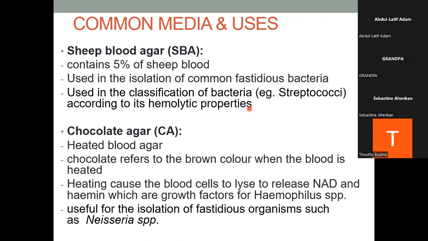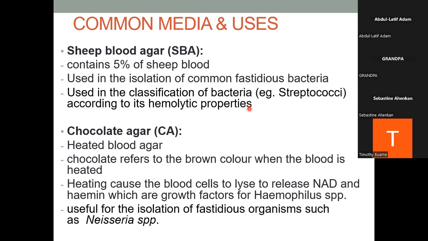When blood agar medium is heated, it turns brownish. It is this brownish color which gives this medium its name, chocolate. So it doesn't mean that when you prepare chocolate agar, you add a certain amount of chocolate to it.